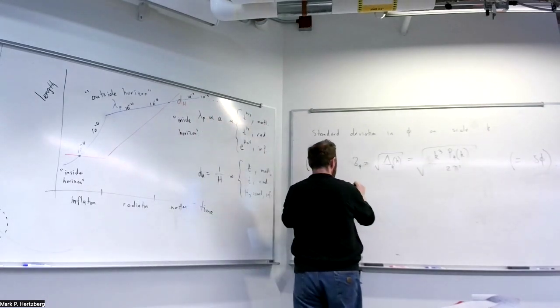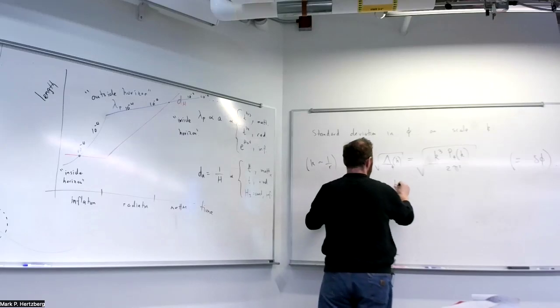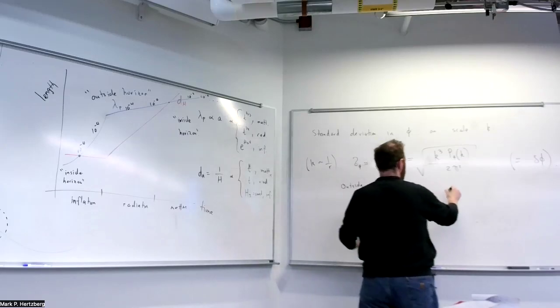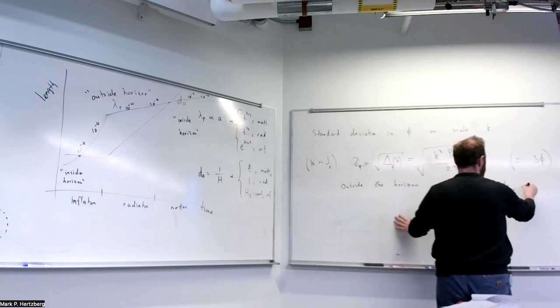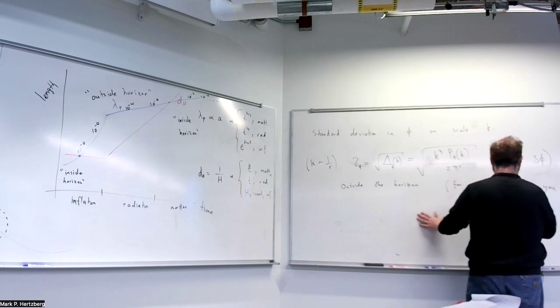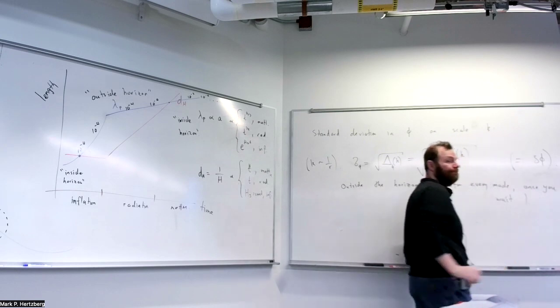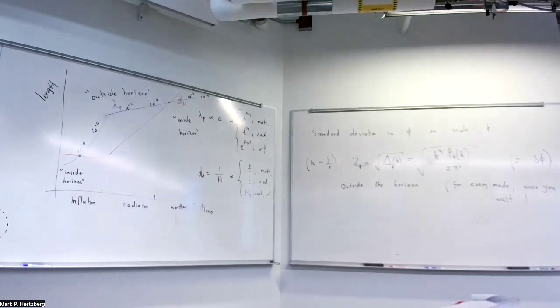So outside the horizon, or essentially for every mode, once you wait just a little bit of time, every mode will end up taking on this value, because that term gets exponentially suppressed. Every mode ends up in this category. So this is the value we are to insert. I plug it in here, and you'll notice not only is this a constant in time, the k's disappear.